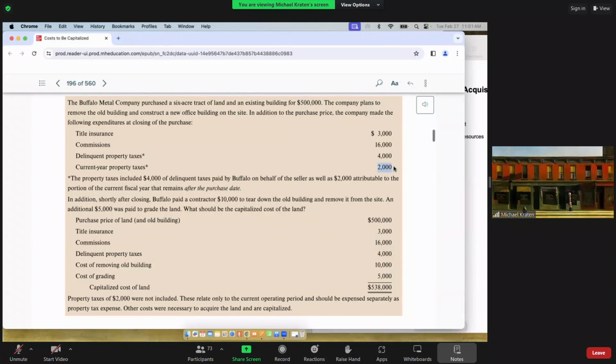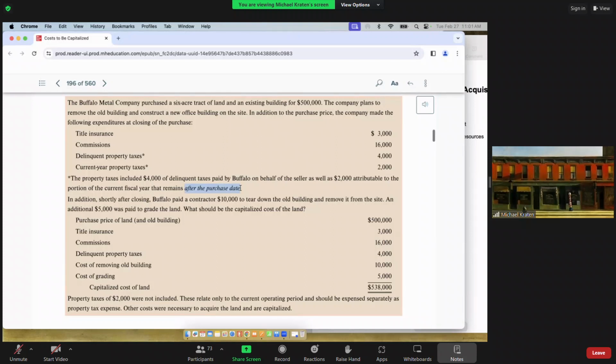Then he goes on, tricky, and he says, by the way, once you buy the land, then for the first year that you own the land, that's what he means by current year taxes, you'll have to pay $2,000. See, this is after you buy the land, after the purchase date.